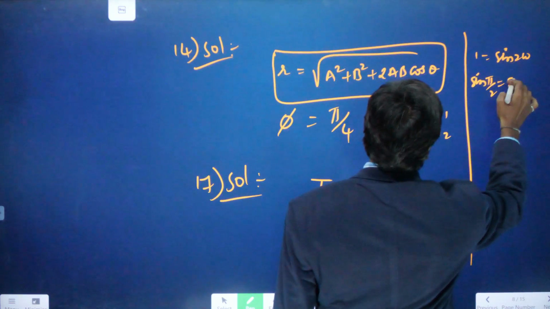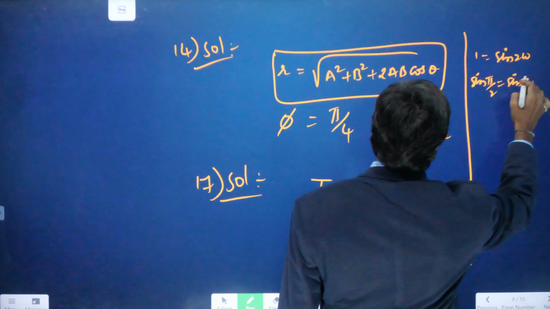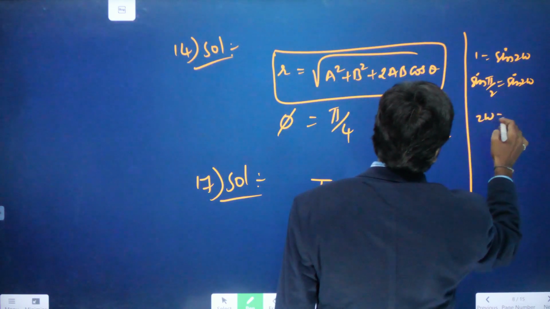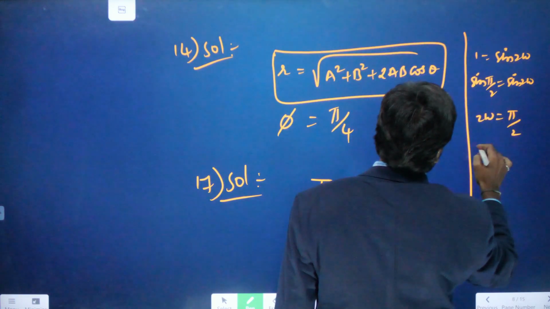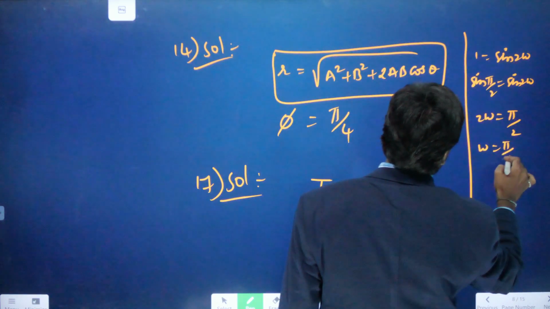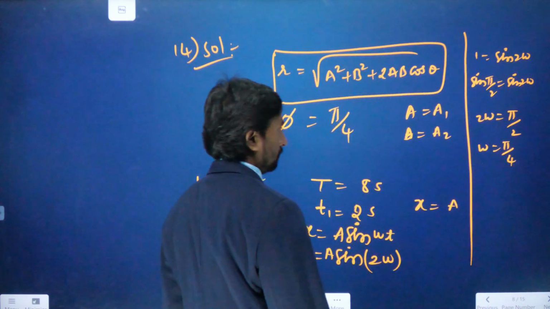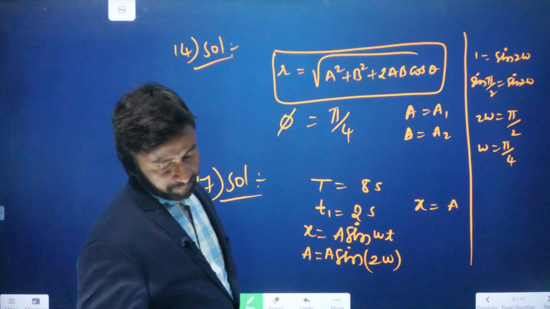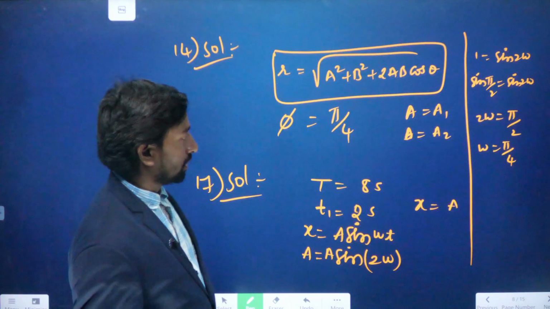Sin 90 is equal to sin 2 omega, so 2 omega is equal to pi by 2. Then omega is equal to pi by 4. Here they are asking for the distance travelled.